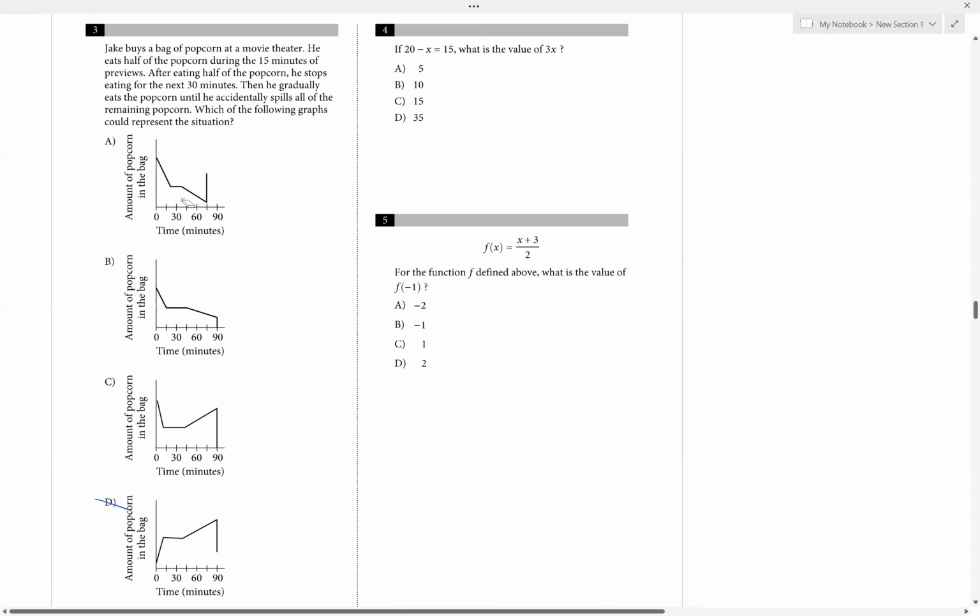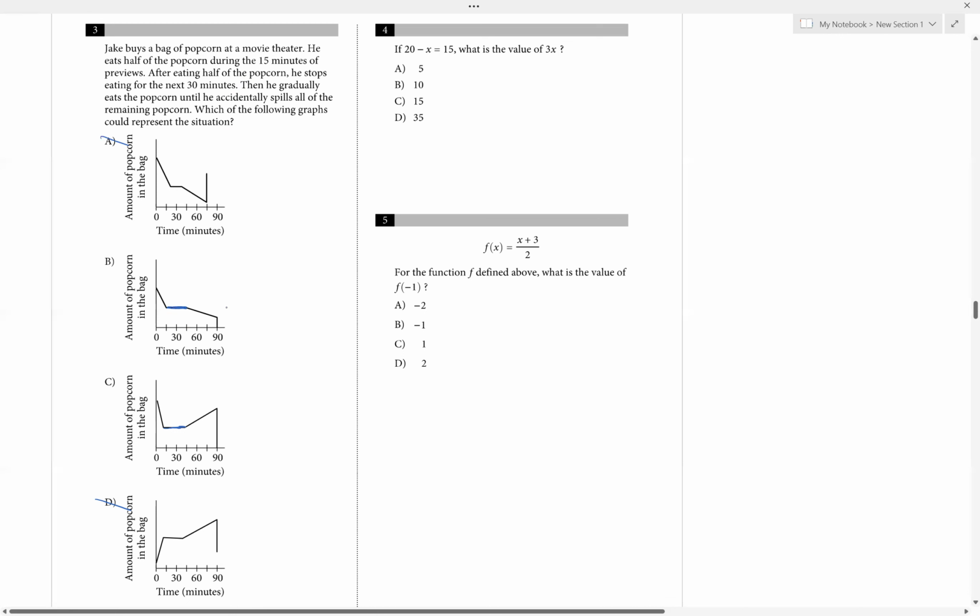So A is a little bit short for a flat line, so it's not gonna be that. And then B and C look good, right? This is a flat line, so 2 spaces will be 30 minutes, and this one also, more or less, is about right.